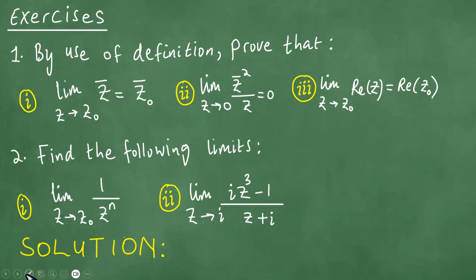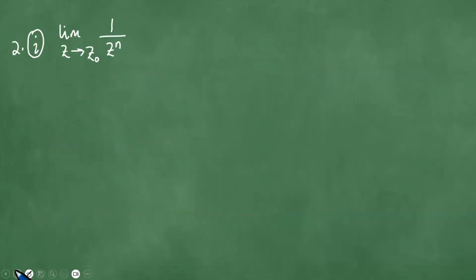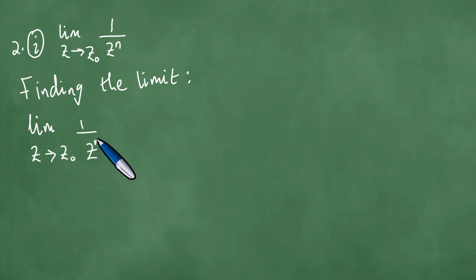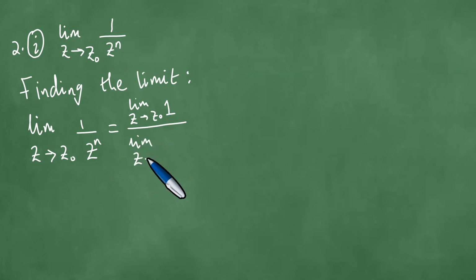For finding the limit, if the limit as z approaches z naught of 1 over z to the power n, which is the limit as z approaches z naught of 1 divided by the limit as z approaches z naught of z to the power n, and this is 1 divided by z naught to the power n.